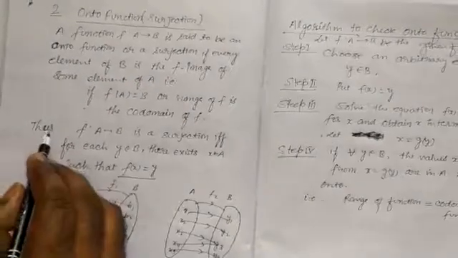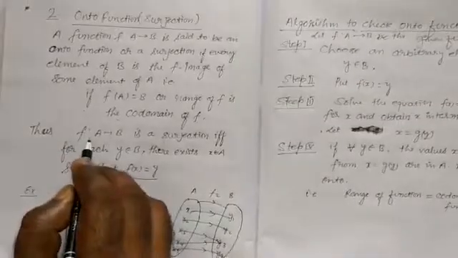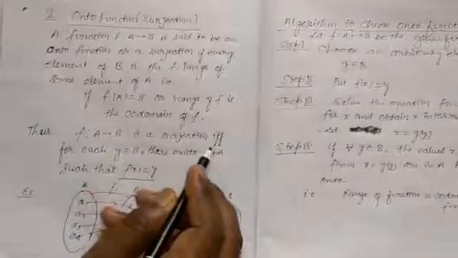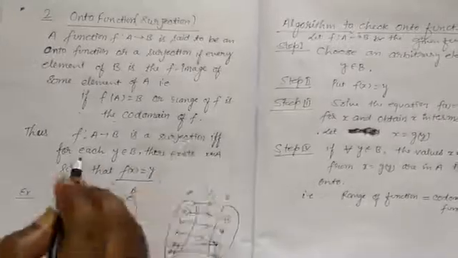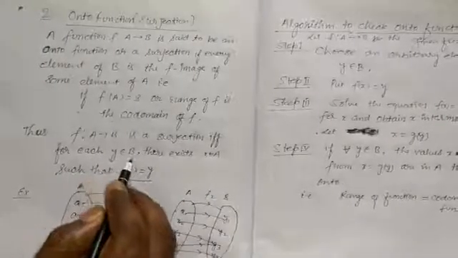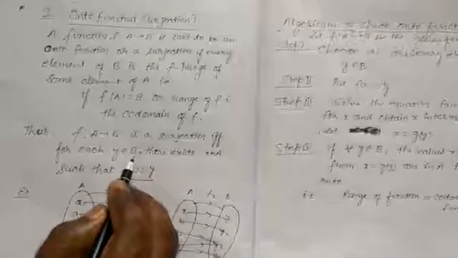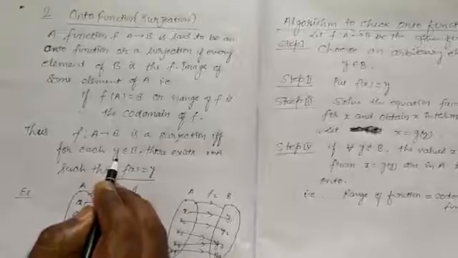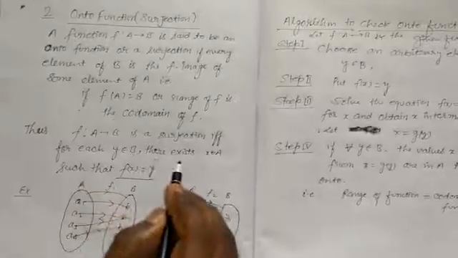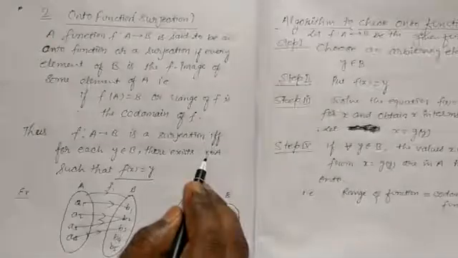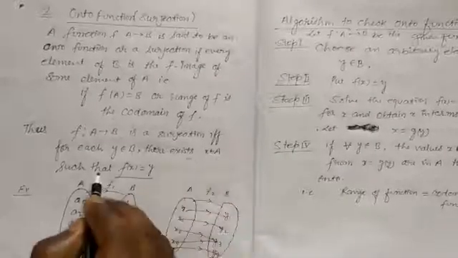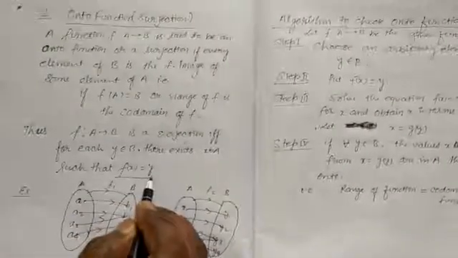Thus, f from A to B is a surjection if and only if for each y belonging to B, any element y in set B, there exists x belonging to set A such that f(x) equals y.